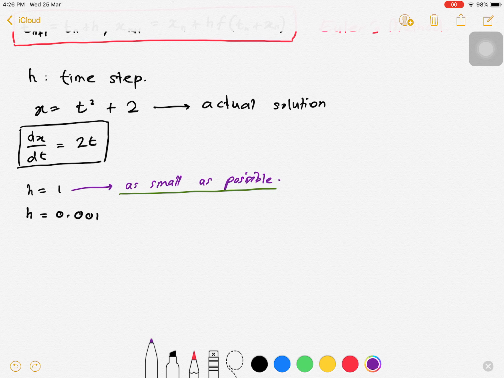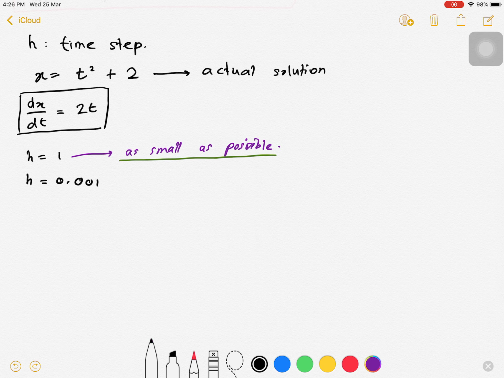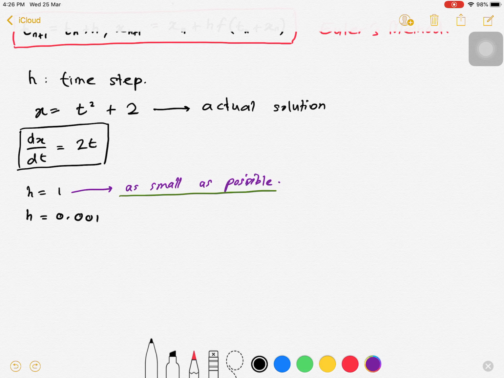So we need to consider two aspects when we want to choose the value of the time step. The first one is accuracy, and the second one is workload or time consumption.